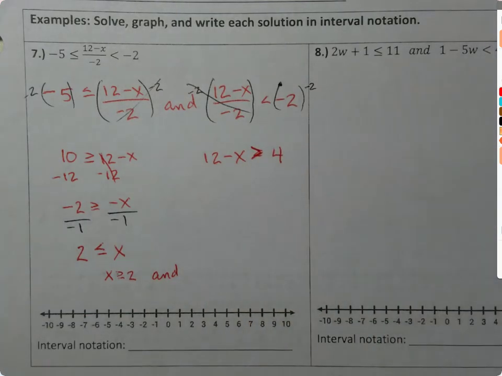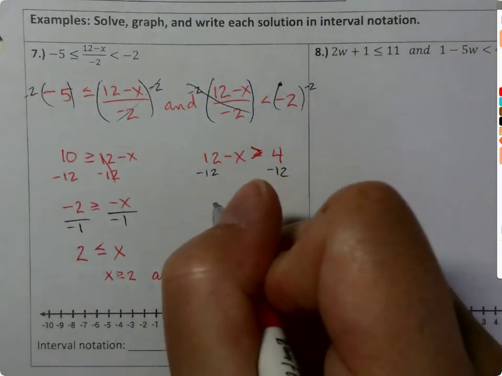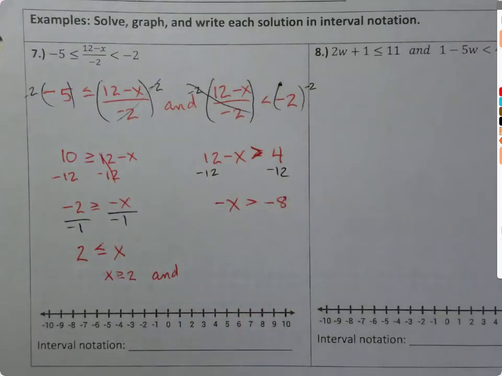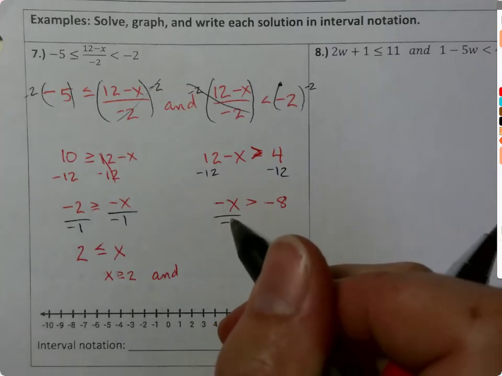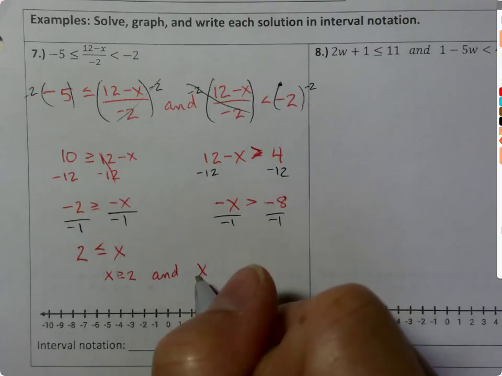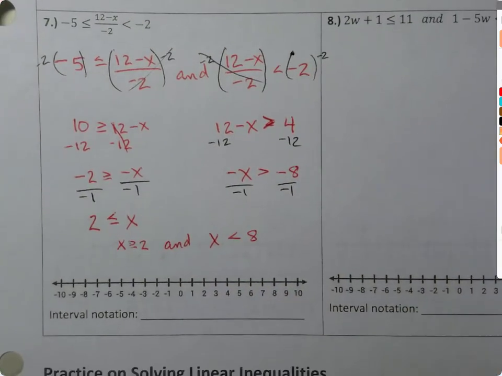I'm going to do the same thing. Subtract 12. And I still have a -x, but it's greater than -8. Now what? Same deal, divide by -1. Okay, so I end up with x is less than 8. So we did have 2 sign flips there, right?